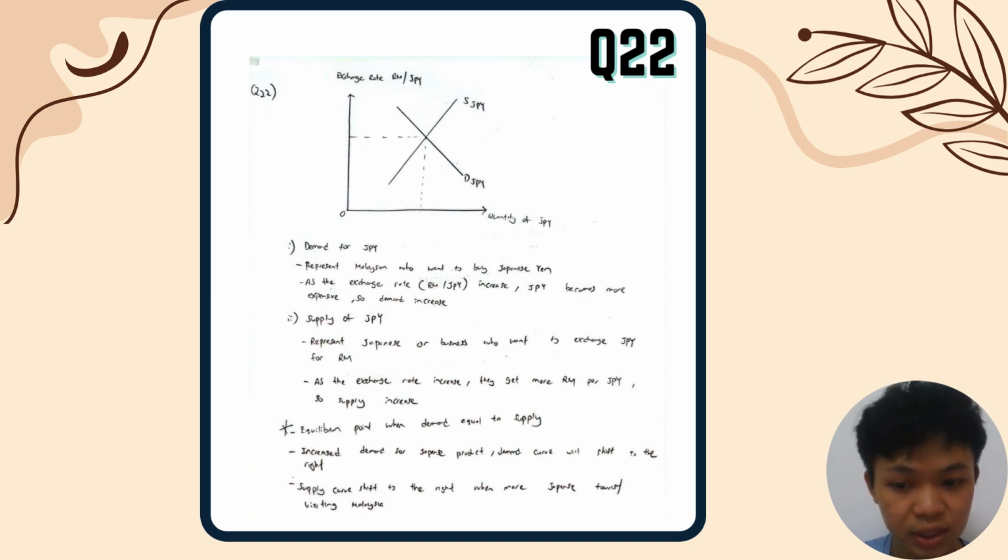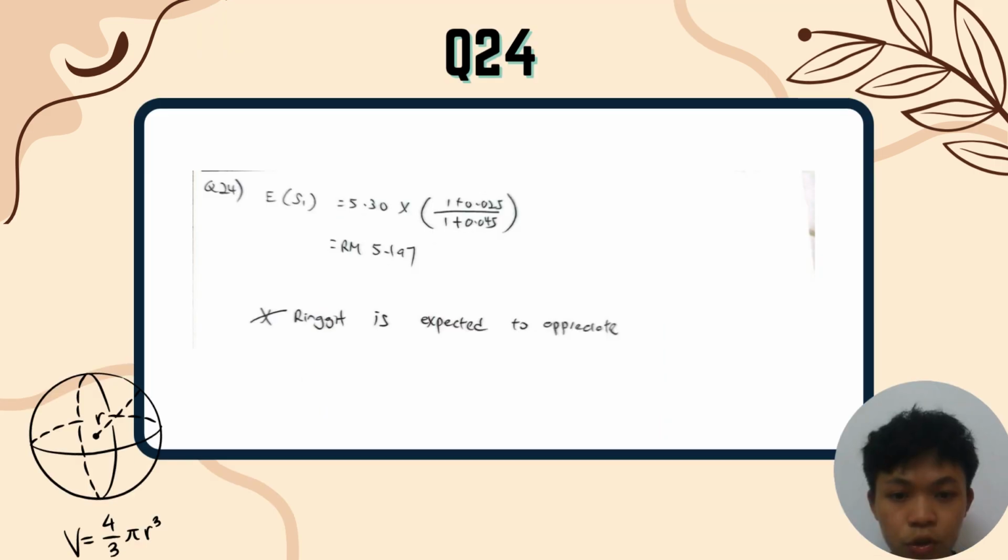As the exchange rate increases, they get more RM for Japanese yen, so supply will be increased. The equilibrium point is when demand equals supply. The demand curve will shift to the right and the supply curve shifts to the right when more Japanese tourists visit Malaysia. So move on to question 24.